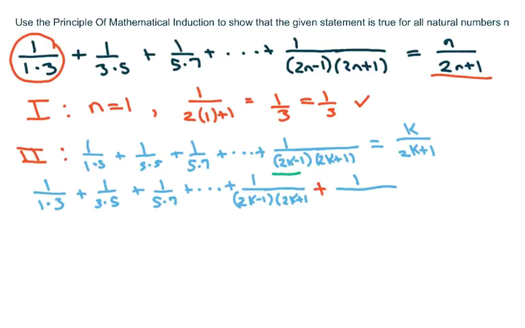I showed you all this in another video. The slope of this line here is 2, so I'm just going to add 2 to this. So we're going to write 2k, and negative 1 plus 2 is 1. Same thing here. If I add 2 to the 1 here, my next term is going to be 2k plus 3. So this is your next term.